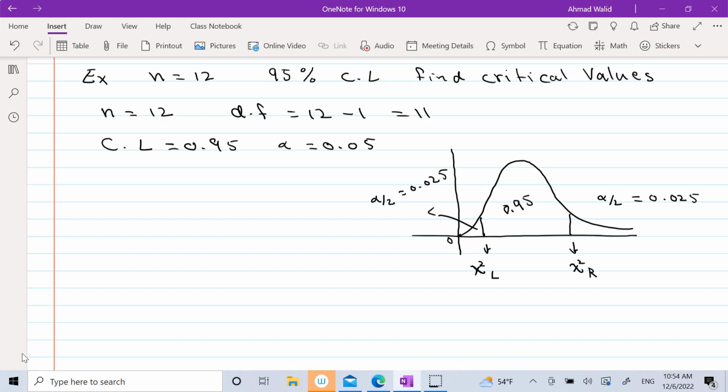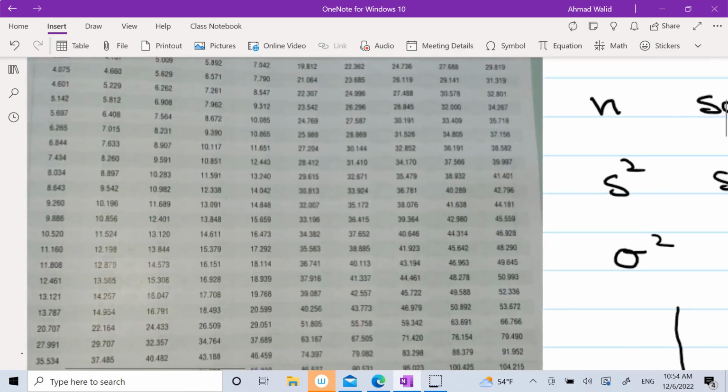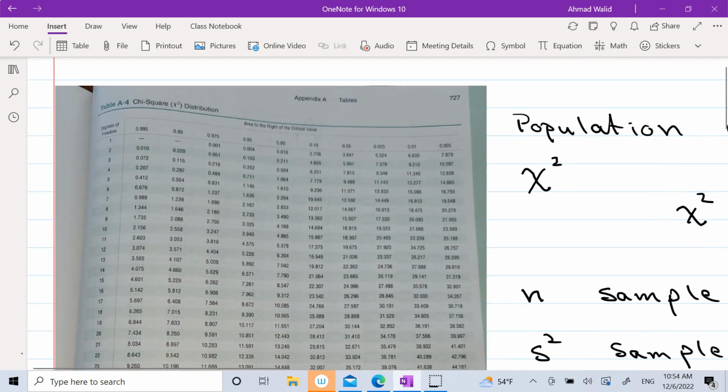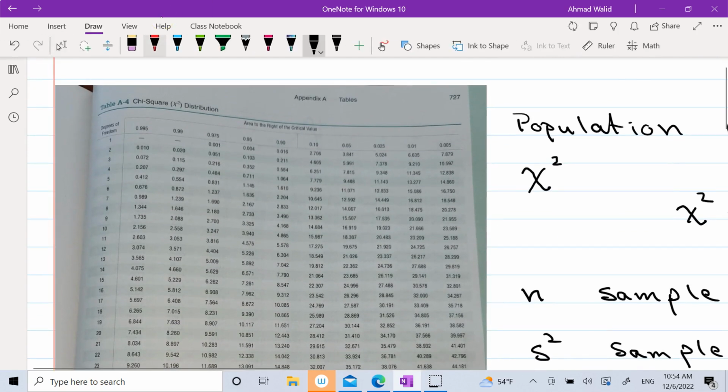Correct? Let's go to our table. I'll explain the table for you. Let me zoom in a little bit to explain. Start with the top. Your table is divided into chi-square right and also chi-square left. Correct? And in the first column you have the degrees of freedom.